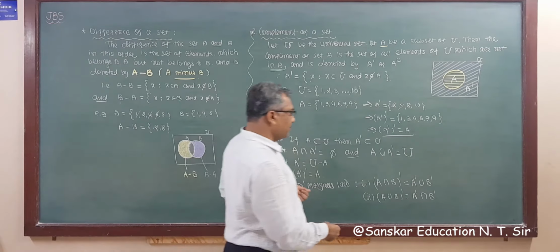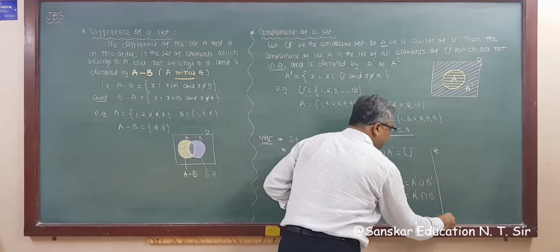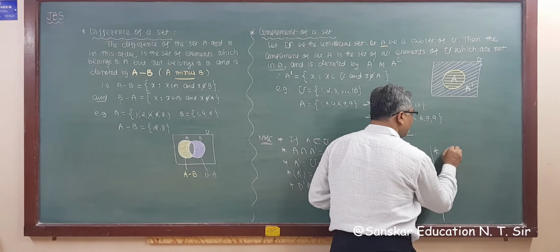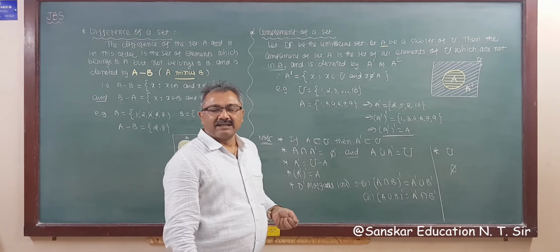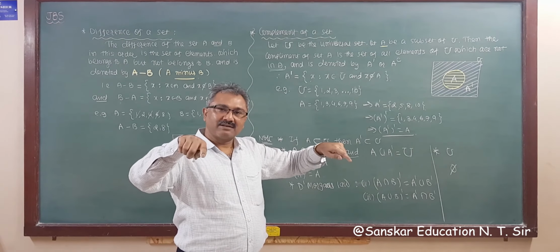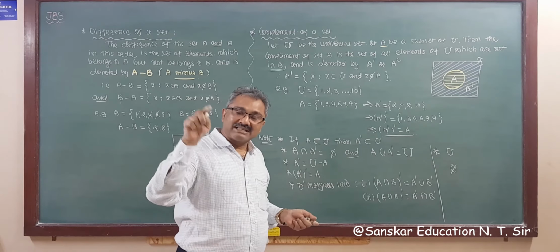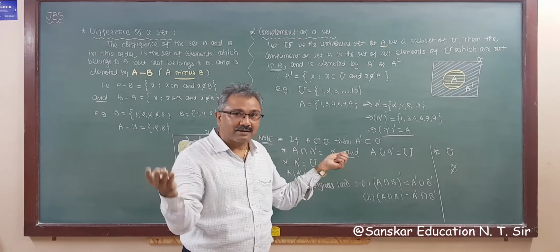Also, I want to give you one result. Suppose I am taking universal set U and the null set phi. Then complement of a universal set: from the universal set you have to remove all elements of the universal set, so there is nothing.